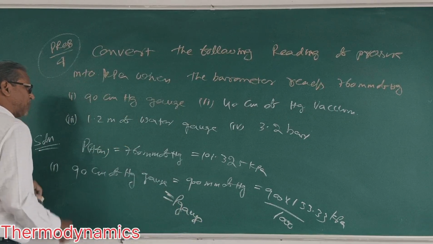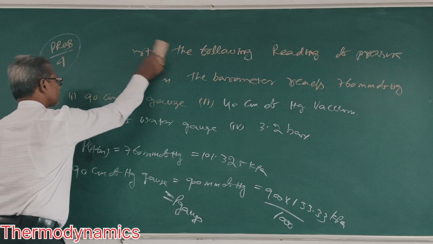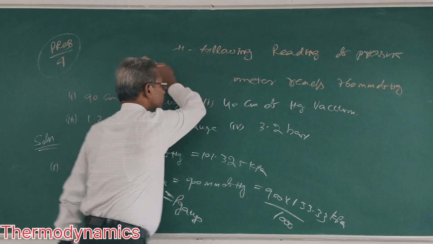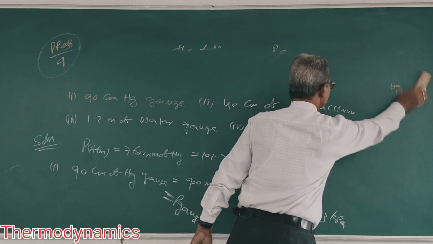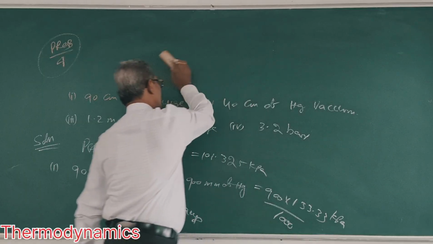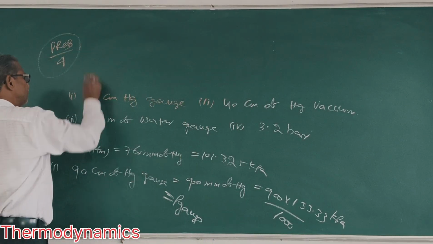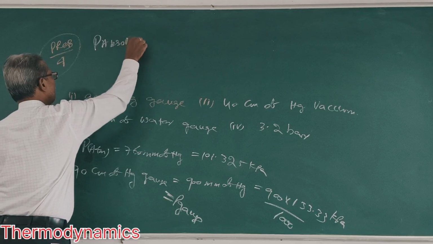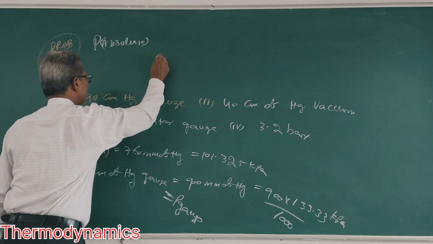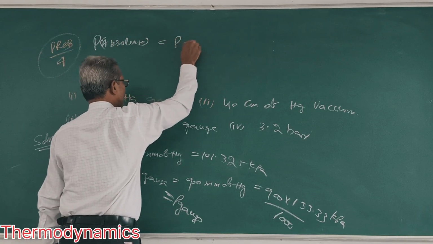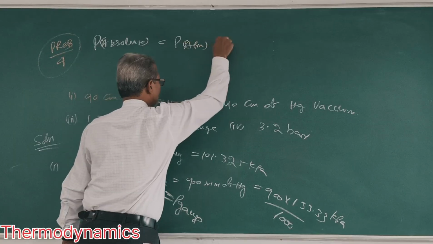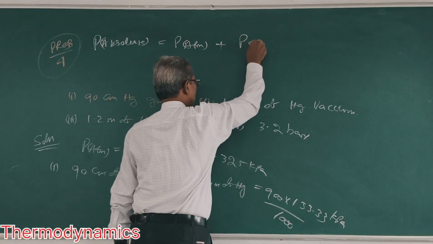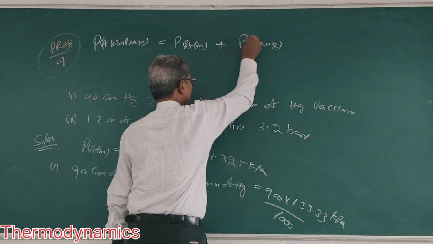So what is P absolute? Now, P absolute is equal to P atmospheric plus P gauge. Clear?